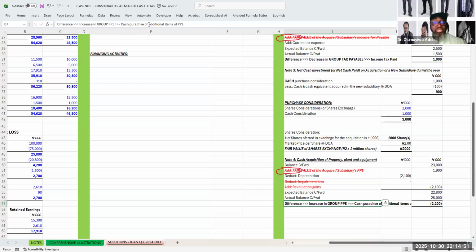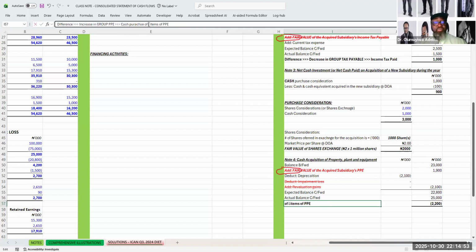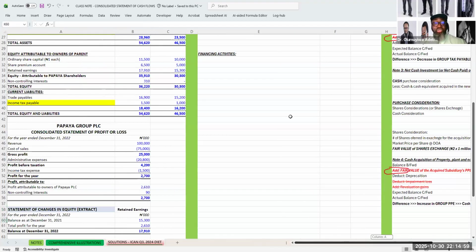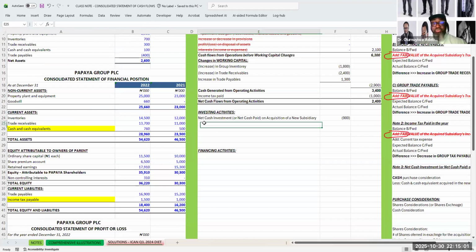Therefore, let me just remove the additional. And therefore, this constitutes an outflow of cash. Therefore, payments on purchase of property, plant, and equipment.